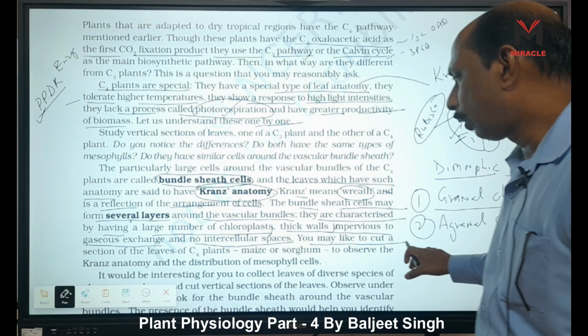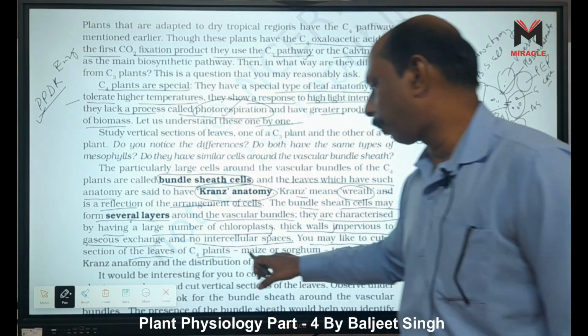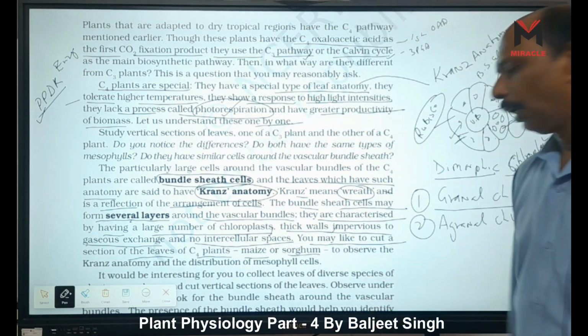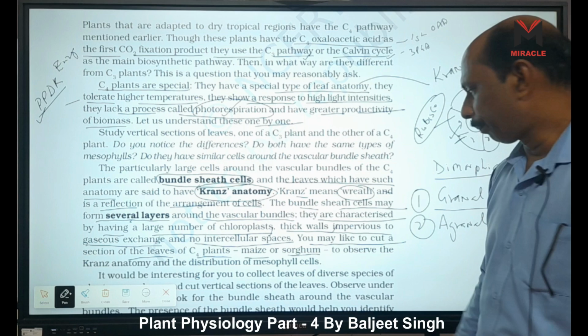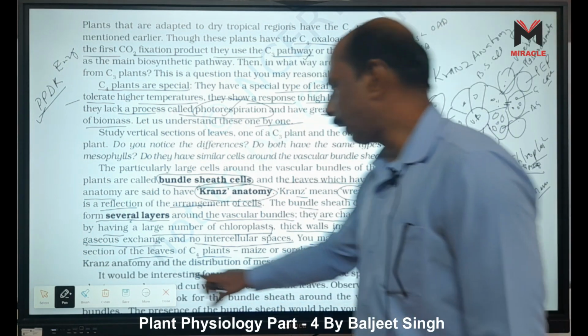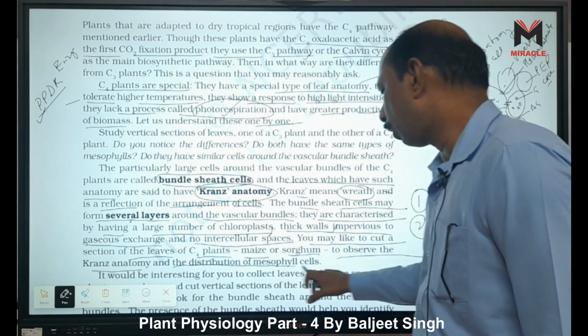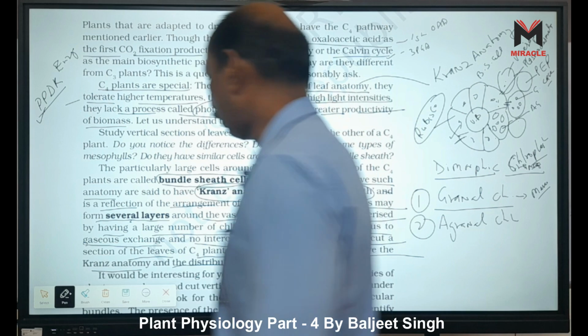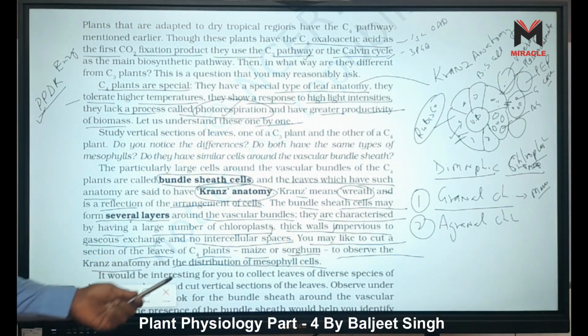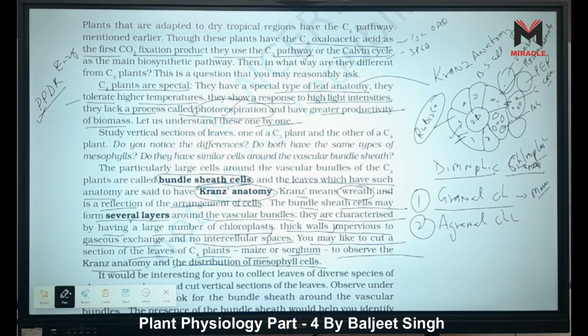You may like to cut a section of leaves of a C4 plant like maize, sorghum, or amaranthus. They are also here, right? To observe the Kranz anatomy and the distribution of mesophyll cells. We can see this one, right? And we also did this in our plant anatomy already, right?